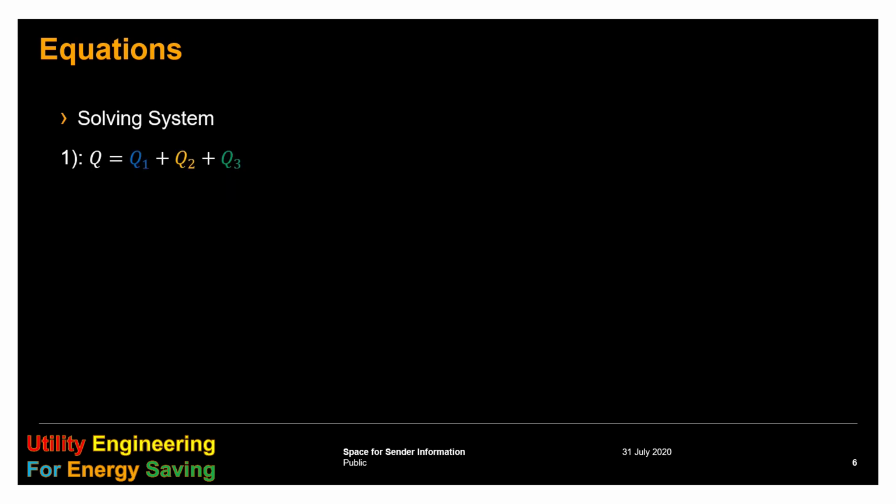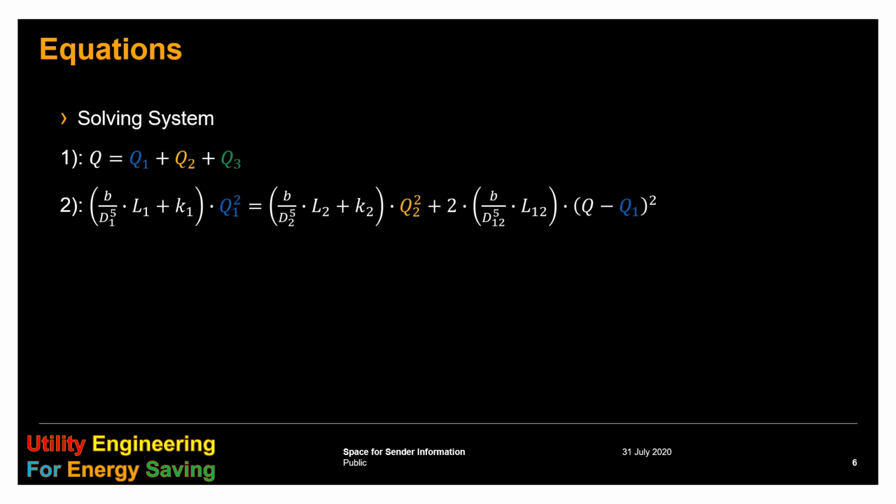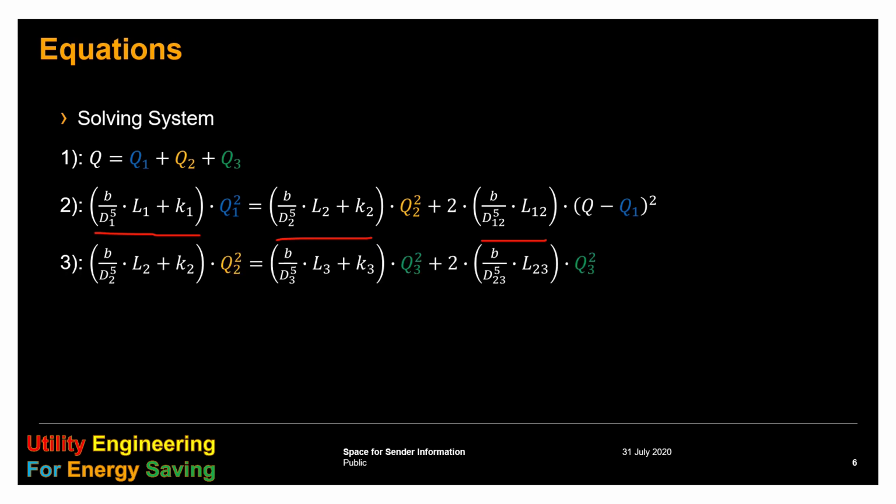The solving system is definitely made by only 3 unknowns, which are the 3 flows Q1, Q2, and Q3. We can write the second equation by replacing the formulas that we have seen, and all the terms inside the brackets are known. The only unknown variables are the flows, and the same for the equation number 3.